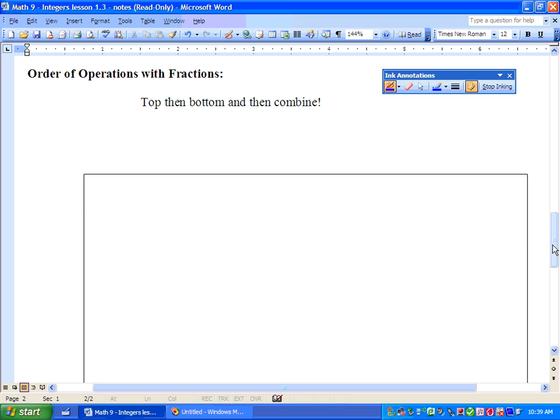All right. So what happens if we have fractions? Well, we need to do order of operations. First, we do the top. We put our hand over the bottom, do the top, and then do the bottom, and then divide. All right, so what do we have? We're going to have negative 6 times 10 over 5. All right? So you'll notice that there's no multiplication sign in there.